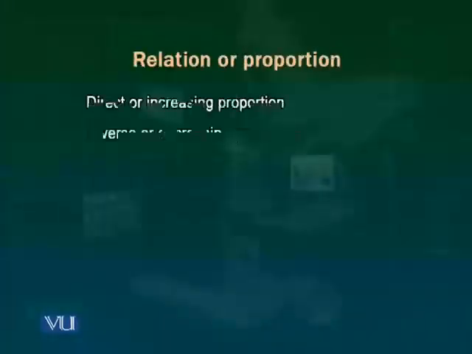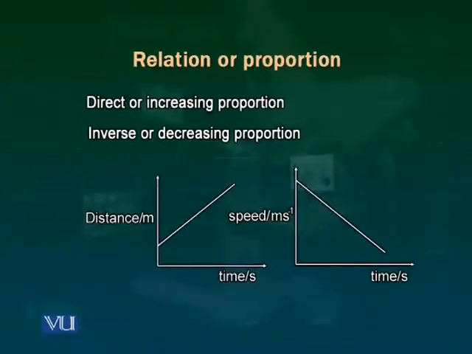In other words, we look at a line in which some points lie above the line, some points lie below the line, some points lie on the line, and we will have an average value which will give us the trend of the graph. We can have different types of graphs, like we said. We can have a direct or increasing proportion.